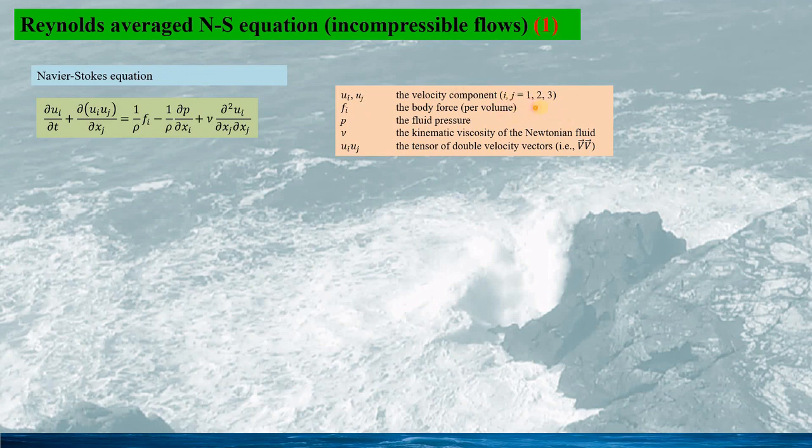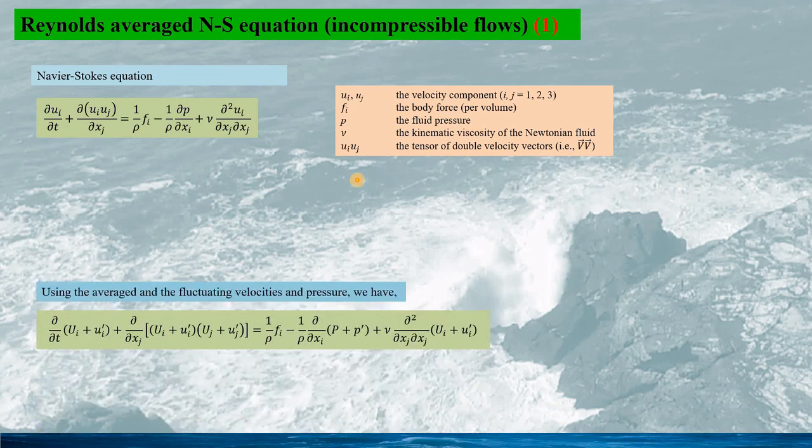Fi is the body force per volume. P is the fluid pressure. Nu is the kinematic viscosity of the Newtonian fluid. Ui Uj is the tensor of the double velocity vector.